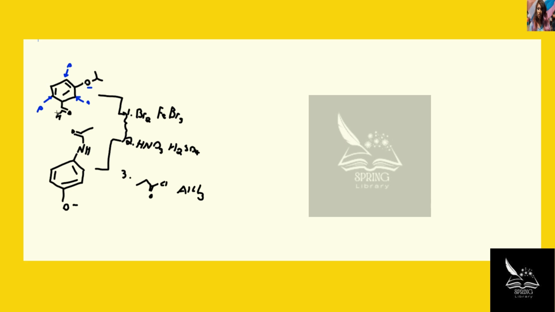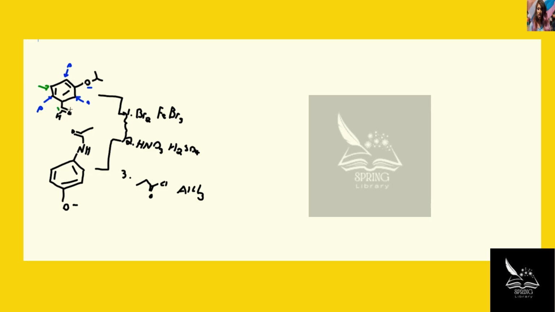The aldehyde, however, is an electron withdrawing group because of the electronegative oxygen atoms. So we know electron withdrawing groups direct at the meta position, and we only have one meta position. However, we now have opposing effects: two ortho and one para from this oxygen, and just this one meta from this aldehyde group.